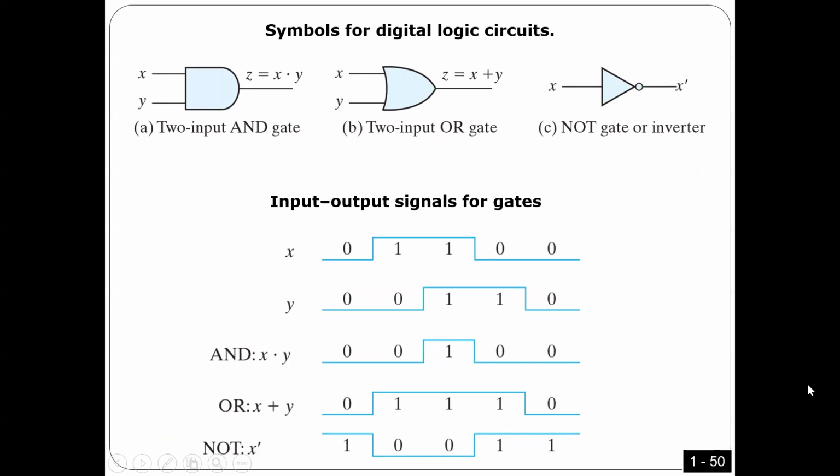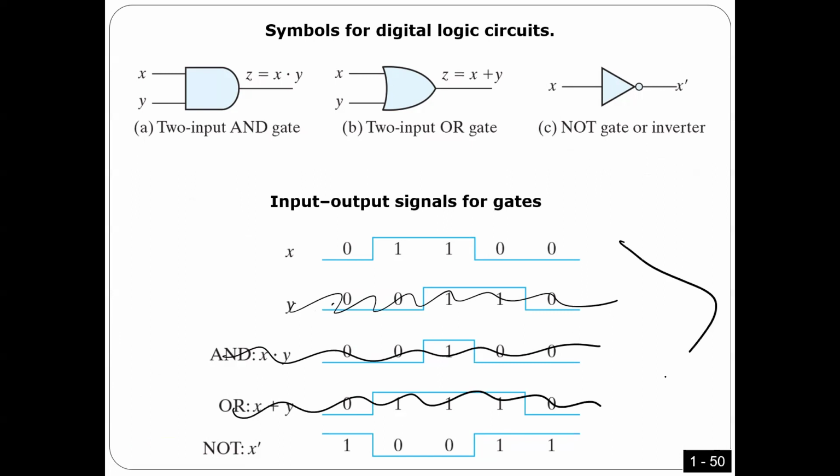Timing diagram. Forget this one here, because this is AND, this is OR. Just look at these 2. So in the timing diagram, this is the time, and this can be logic or voltage.